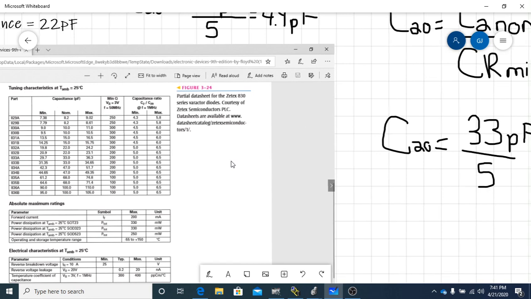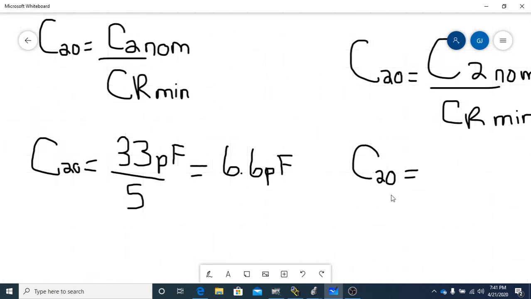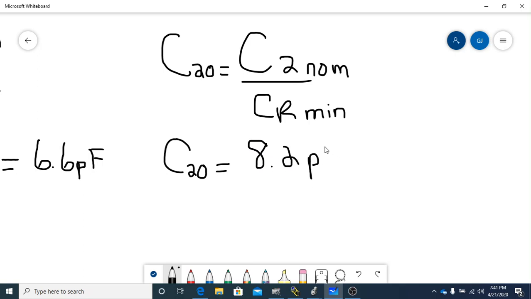So it's 8.2. Let's go back over here. So that's 8.2 picofarads. Remember, your answer will be off by just a little bit if you don't put that in there. So then that's 4.3 for the ratio.